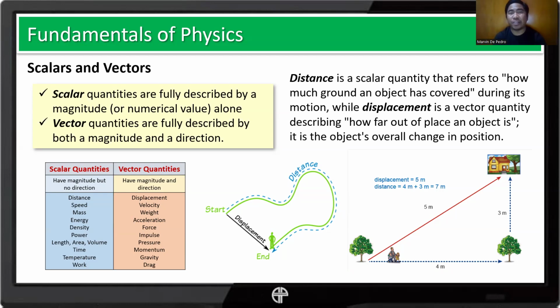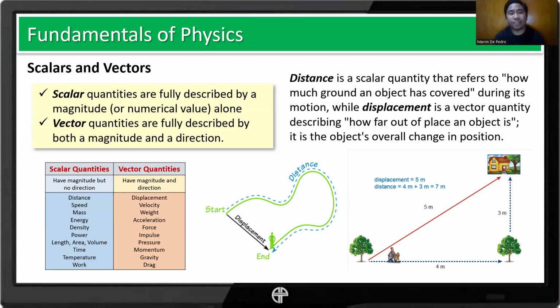That, if we disregard, could lead to wrong measurements or errors in our measurements. So we have such a thing as vector quantities, which are fully described by both a magnitude and a direction.